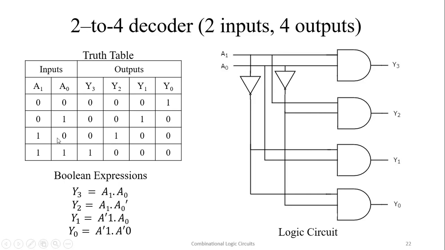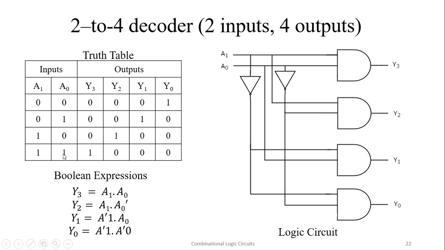If we have this bit pattern at the inputs, 1 and 0, Y2 will be high and the remaining outputs Y3, Y1 and Y0 will be 0. So if this line Y2 is high, it means A1 is 1 and A0 is 0, so 1 0 is present at the input, or decimal 2 is present at the input.